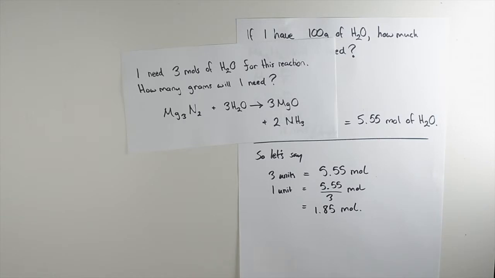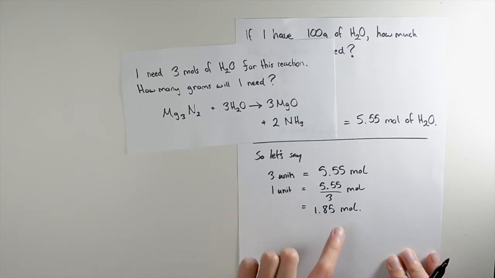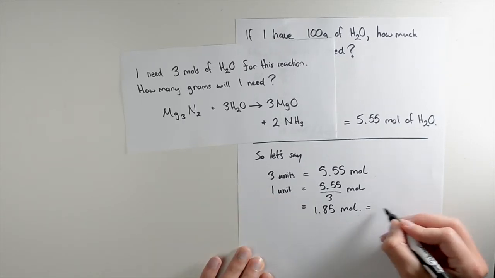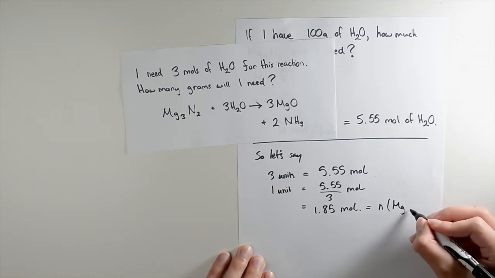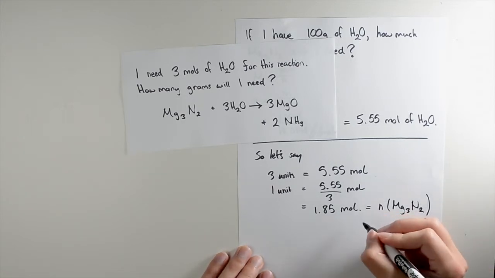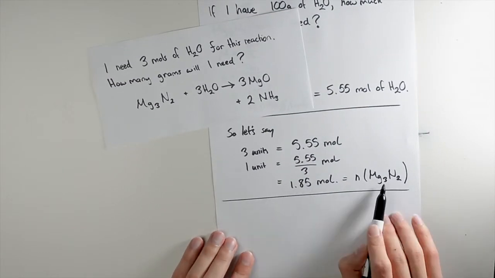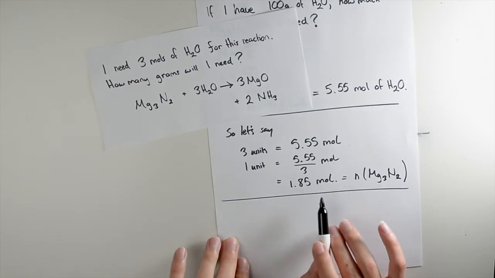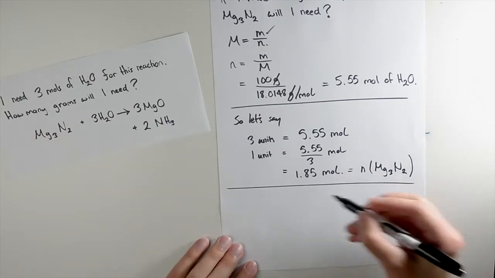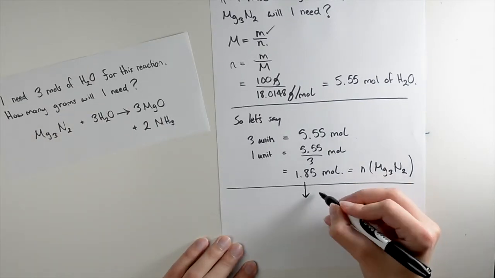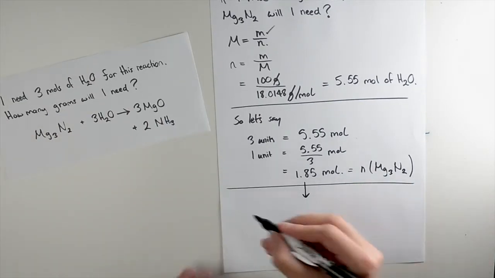And we get a result of 1 unit is worth 1.85 moles, which is equivalent to the number of moles of magnesium nitride. But we need to measure this stuff, so we need to find out how much this stuff weighs if I have 1.85 moles of it. Well, I would need to multiply this by its molecular mass.